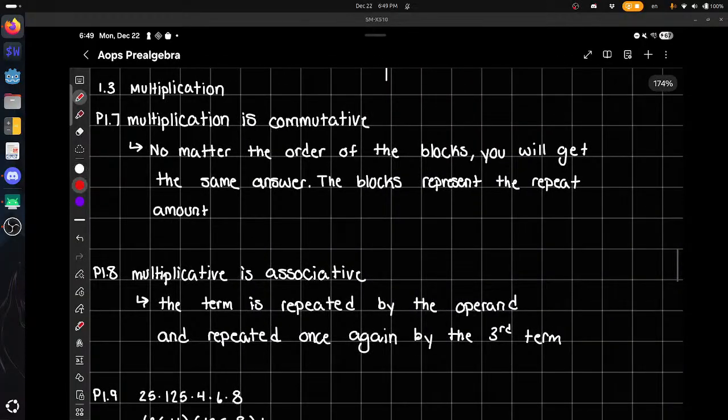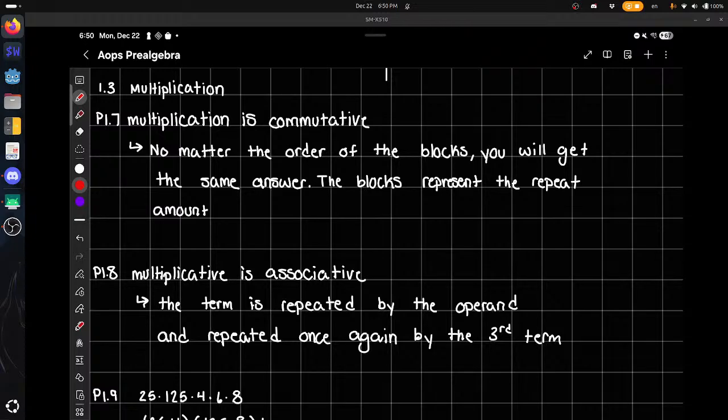So I'm gonna pull up the red pen and see if I was right. So problem 7. Oh yeah, this one talked about the commutative property. So the picture on the left has 2 rows. Each row has 3 squares, so the total number of squares is 3 plus 3, which is 2 times 3.